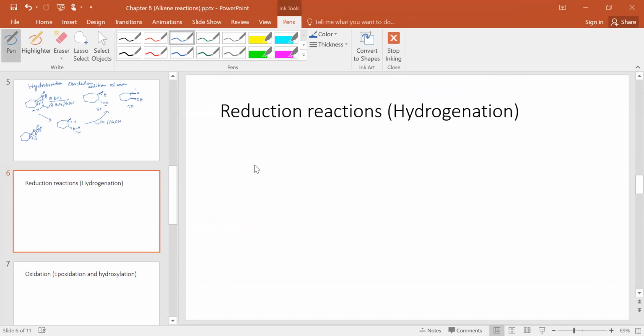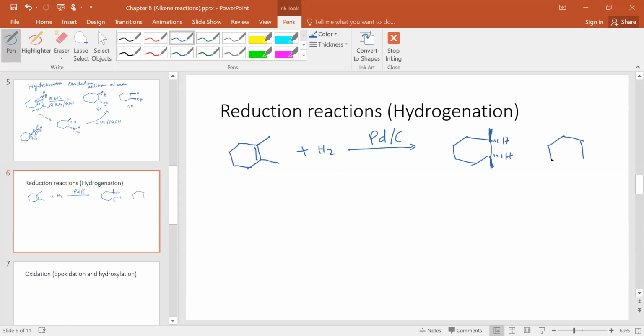If you take hydrogen, and suppose you have methyl and hydrogen, here you need palladium charcoal, a palladium catalyst on charcoal, and hydrogen will react, and then the reaction again will happen in a syn fashion, so both the hydrogens will go on the same side. And another isomer will form.